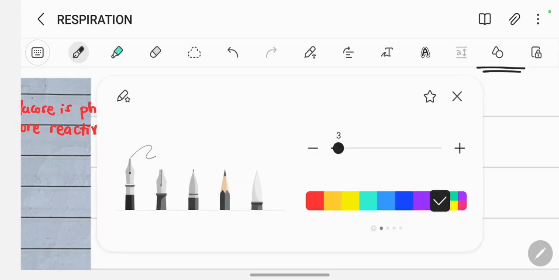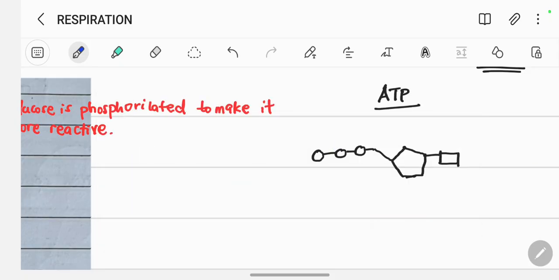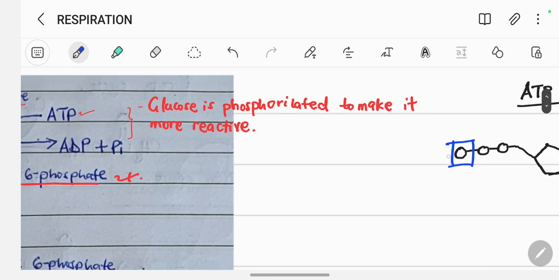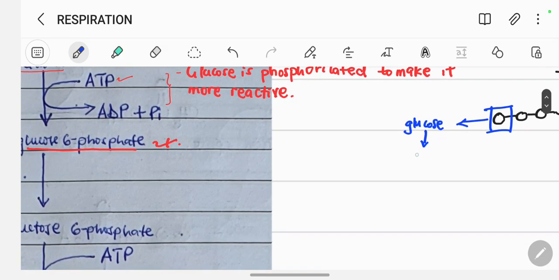So it's this phosphate that is going to be broken off. As that phosphate is broken off, it's going to be added to the glucose. So this one is going to be taken by glucose to form glucose 6-phosphate. Are you seeing that?